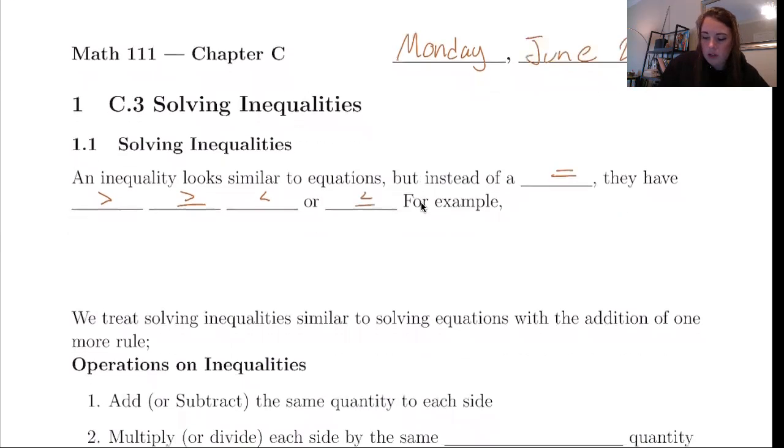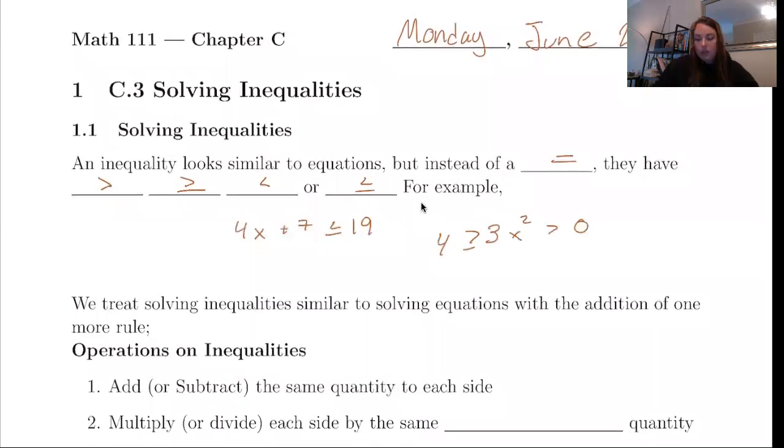I think our example for equation was 4x plus 7 equal to 19, but we can make it less than or equal to 19, right? I could have 3x squared greater than 2, but also less than 4. Those are all options.